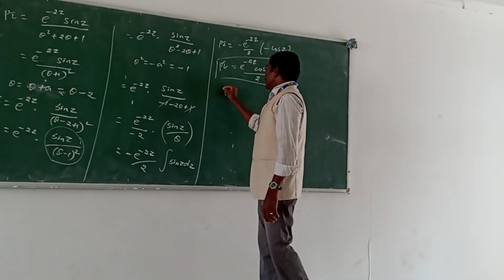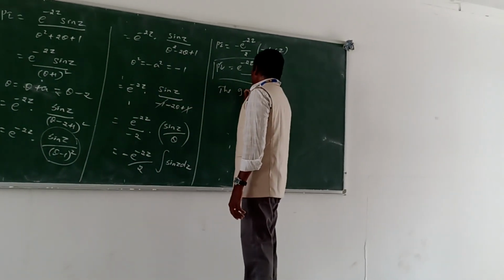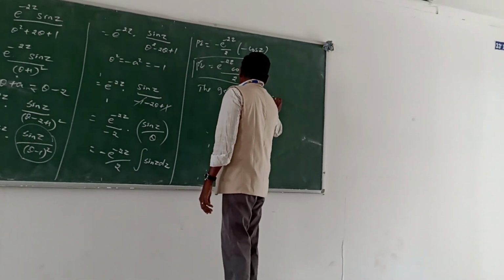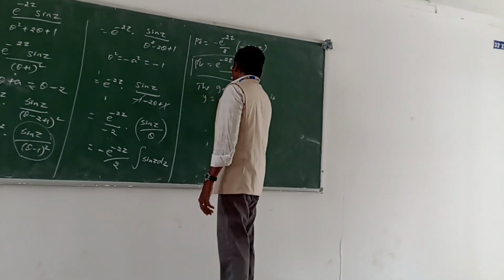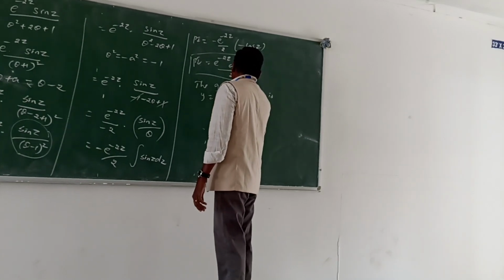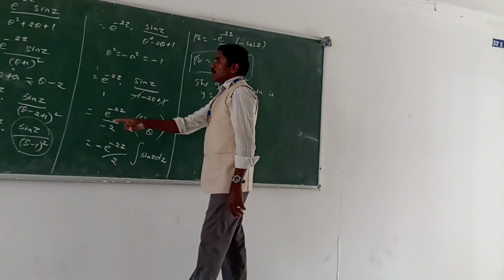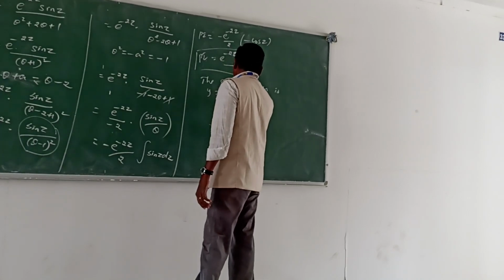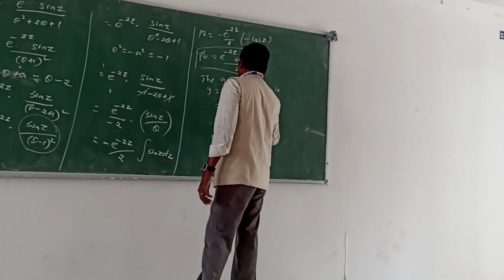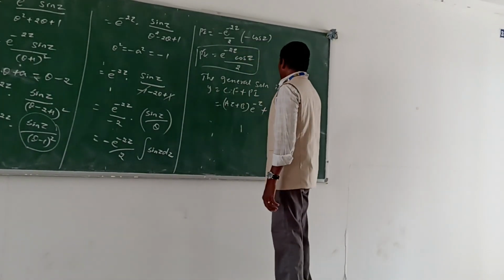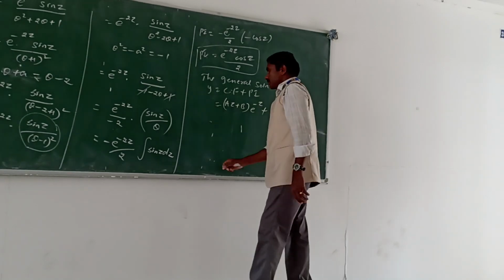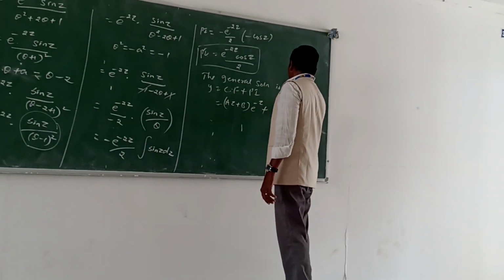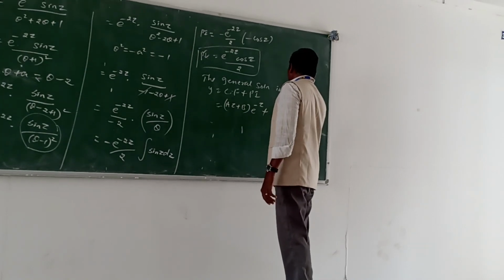Now finally write the general solution: y equal to complementary function plus particular integral. The complementary function is (Az plus B) into e power minus z, and the particular integral is e power minus 2z into cos z by 2.